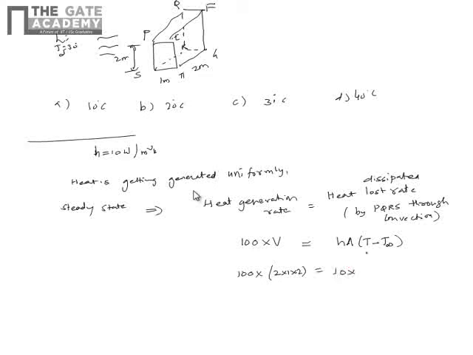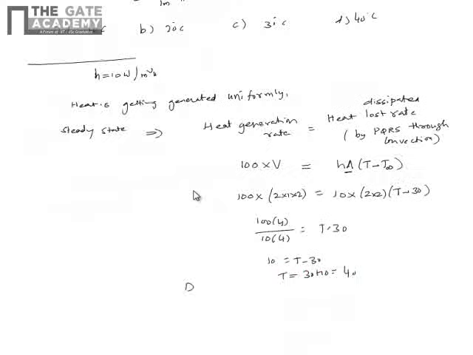The area is the area from where it is losing convective heat, which is nothing but PQRS, which is 2 by 2. PS is 2, RS is 2, and the temperature is what we want. T infinity is 30. So this is 100 into 4 equals 10 into 4 into (T minus 30). So you get 10 equals T minus 30. So T is 30 plus 10, that is 40. The answer for this is D.